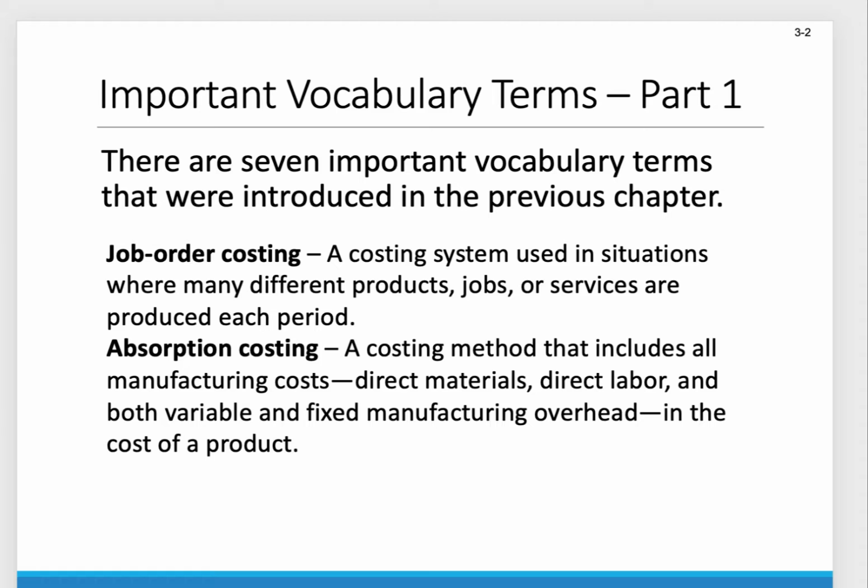All direct labor, all direct materials, all fixed and variable manufacturing overhead in the cost of a product, okay? When we get to activity-based costing and variable costing, we'll see how those costing techniques differ from absorption costing.